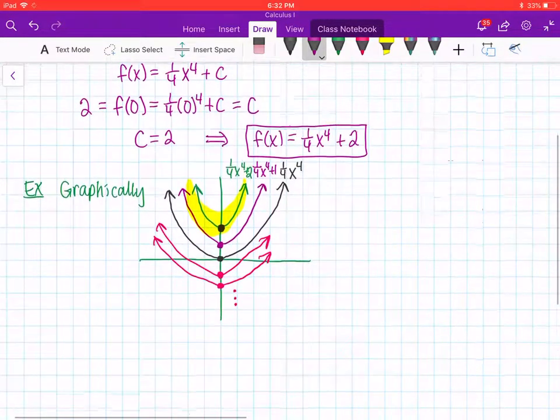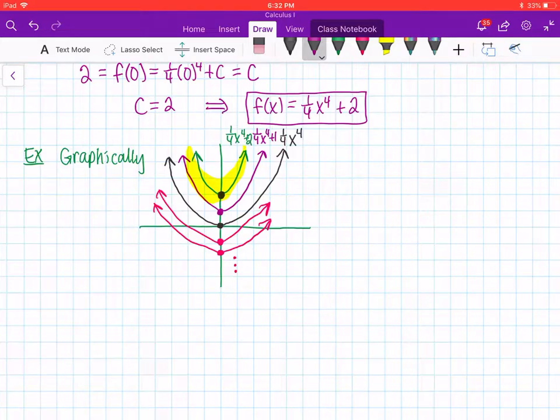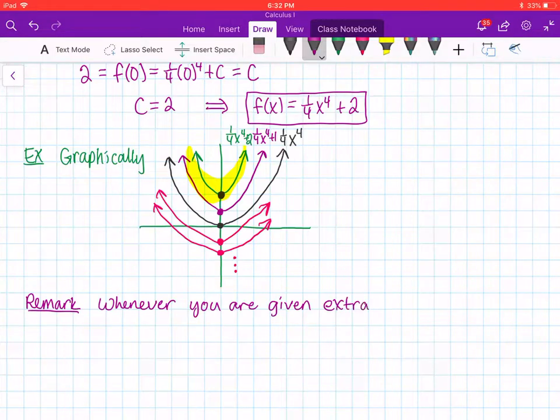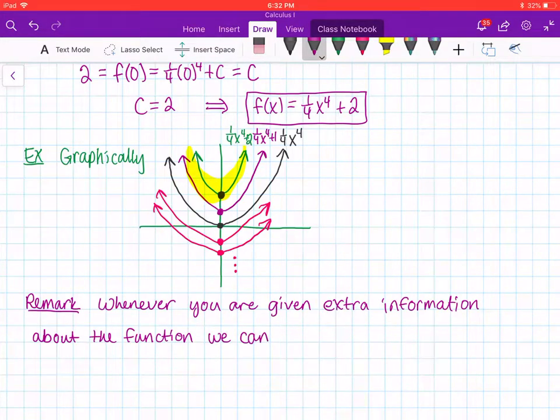Maybe let's make that a remark: if we have extra information about the original function, we can find c.